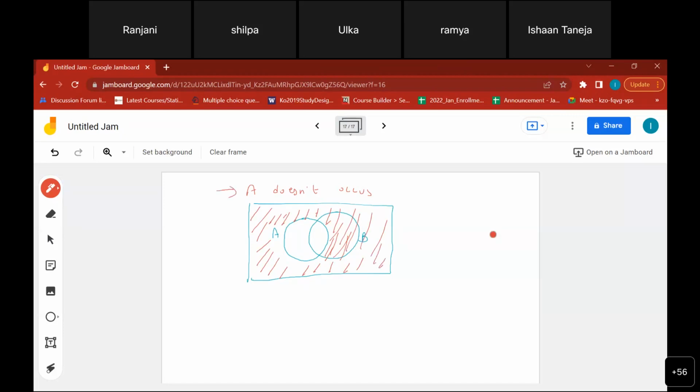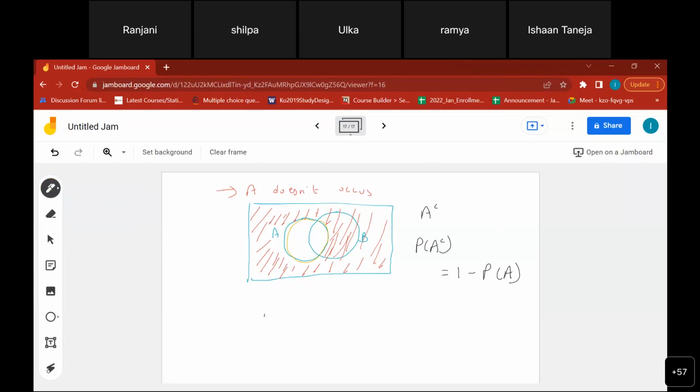We are not saying anything about whether B should occur or not. So it could be anything in the sample space, all those elements of the sample space which are not in A. So in general, it would be A complement, or you can write it as 1 minus probability of A.